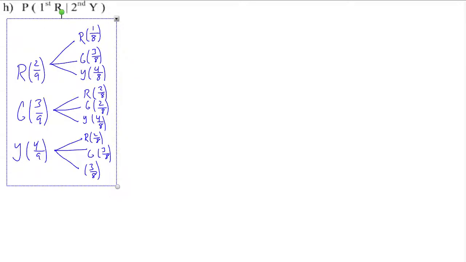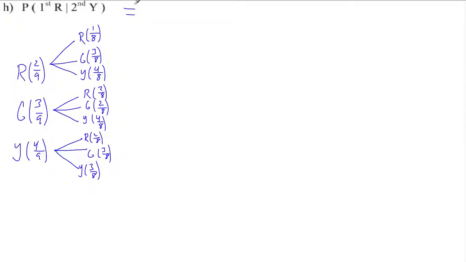Right? And same deal with this. If we want the probability that we pick a first ball to be red given that we pick a second ball to be yellow, that's going to be the probability that the first is red and the second is yellow divided by the probability that the second is yellow.